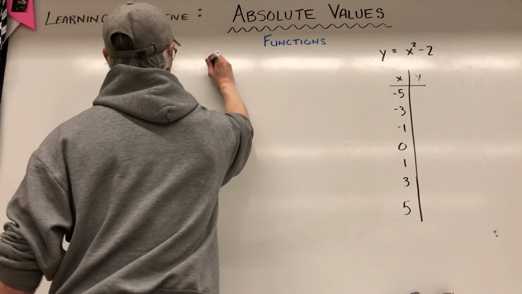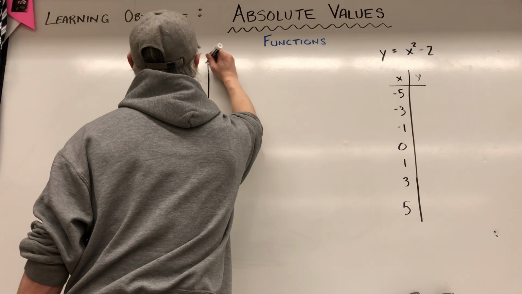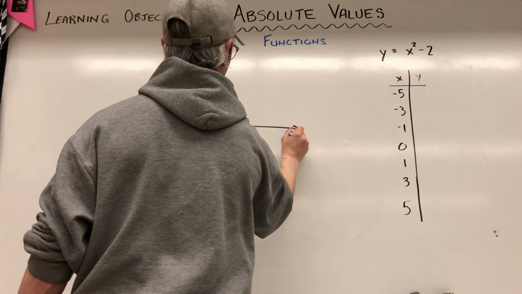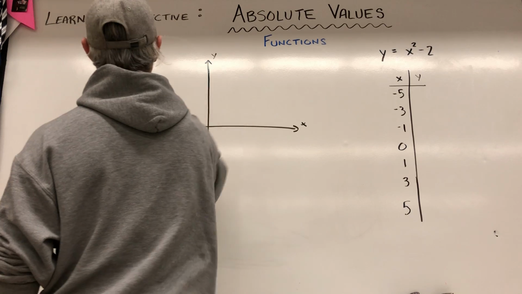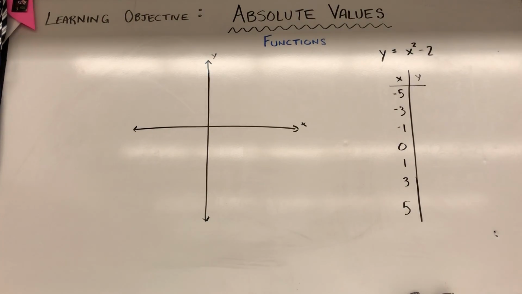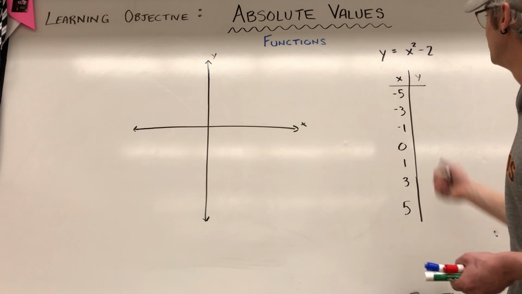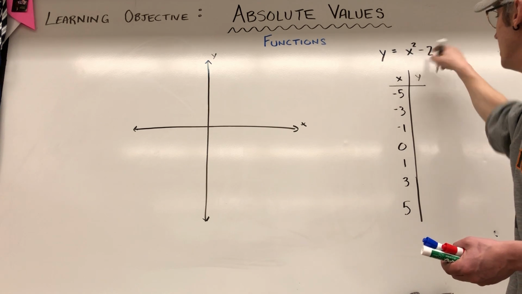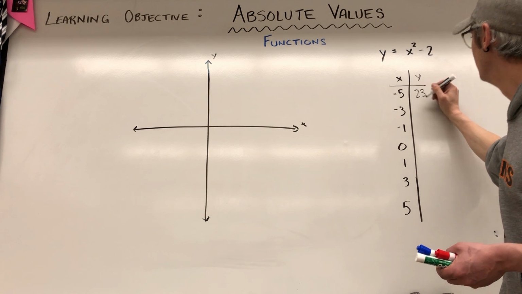So I'm going to graph it over here. When x is equal to -5, what's -5 squared? 25 minus 2 is 23.